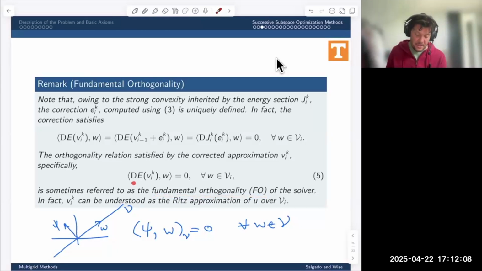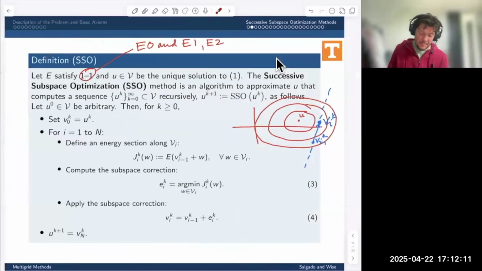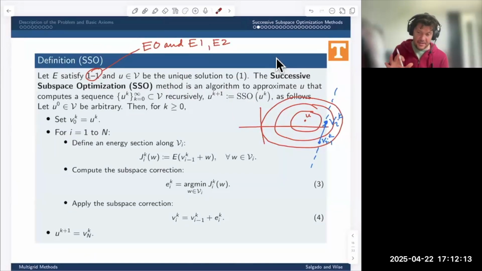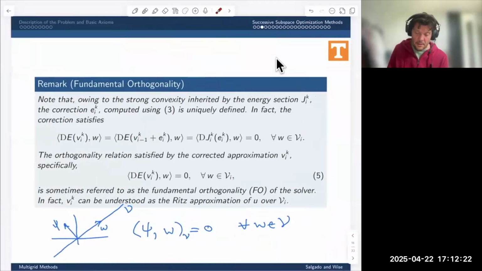And this method of subspace corrections always has this property built in because we're always doing a correction via a minimization. And as I just argued here, doing that correction via the minimization allows us to write this orthogonality relation. Another way of saying this, by the way, is that this linear functional is exactly equal to the zero linear functional in the space V_i prime.